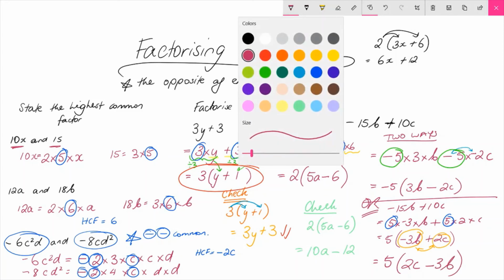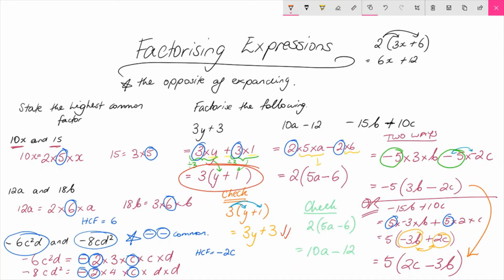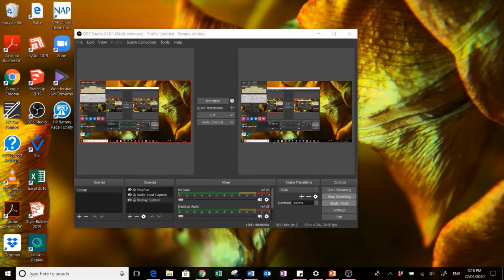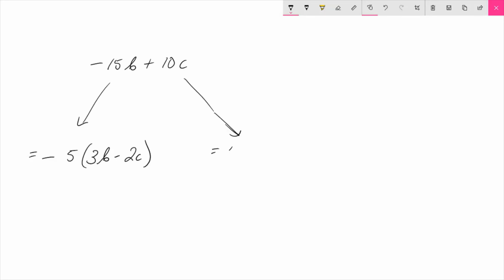And what's actually funny is if we check this in a second, these two are equal to exactly the same thing, even though they look so different. Let's have a look at why they would be the same. So if we start off with our original equation, which was negative 15b plus 10c, and we had one version that looked like this, negative 5 times 3b minus 2c, and we had another version that looked like this, 5 times 2c minus 3b.